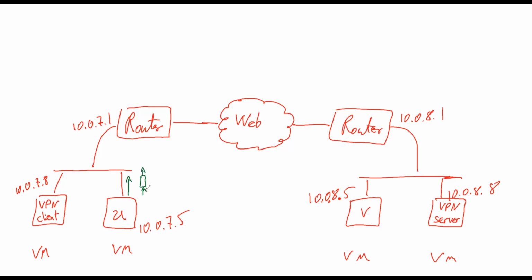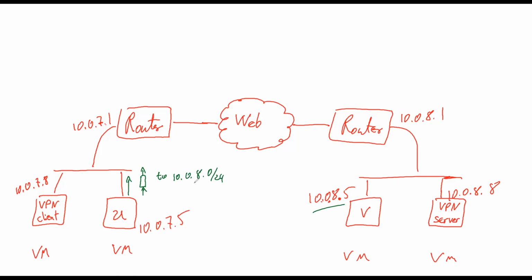There it is. And the packet basically is going to the 10.0.8.0/24 network. Let's say it wants to go to 10.0.8.5. You guys see that? So that's the first thing, right? So what do you do there? Well, the first thing is this machine, U, knows the 10.0.7 network.